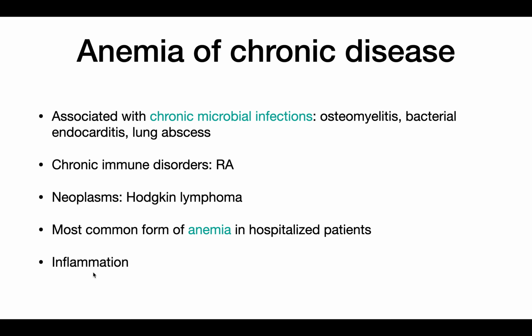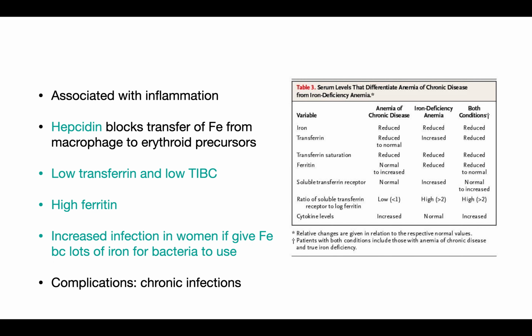It can also be due to antigen mimicry from other cells or transfusions. So the red blood cells are going to take the brunt of the attack. Hepcidin is going to block the transfer of iron from the macrophages to the erythroid precursor. That's why there is that anemia.